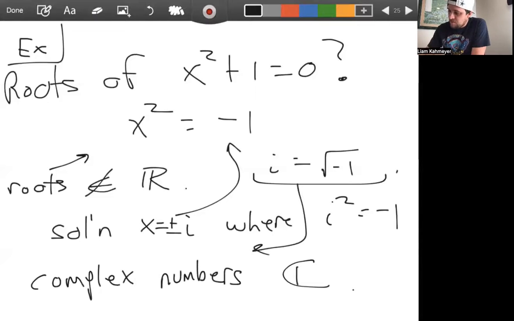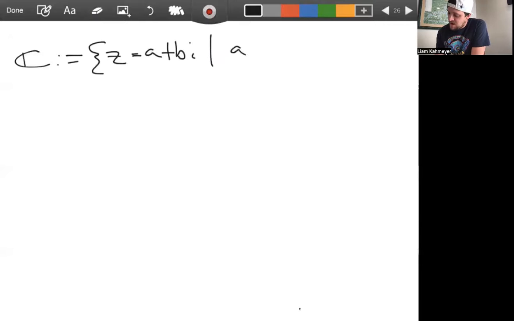So let's take a look at the complex numbers as a set algebraically, and also some of the geometry that's going on here. So as a set, C is defined to be those points z which equal a plus bi, such that a and b are real numbers here. So you can think about there being a one-to-one correspondence or a bijection or an isomorphism, right?